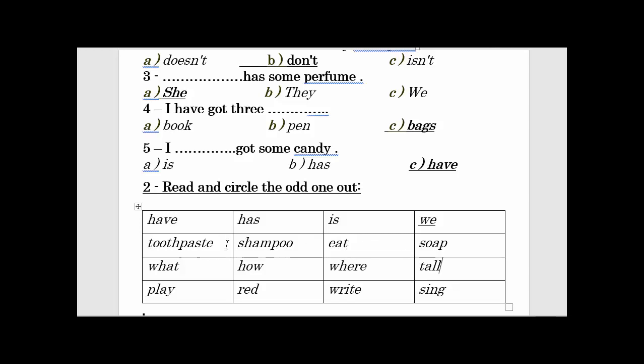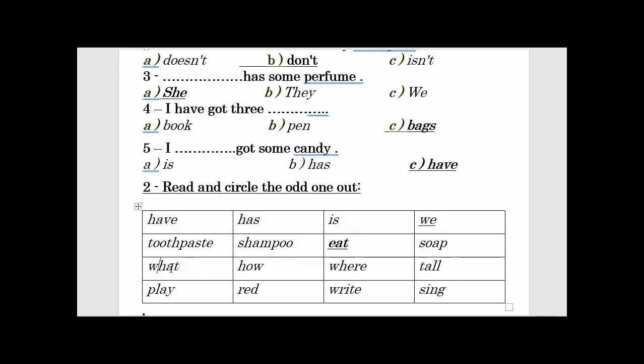Okay, take your time to be able to answer. So the odd one is eat, because toothpaste, shampoo, and soap are nouns.